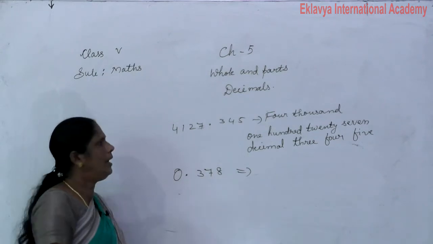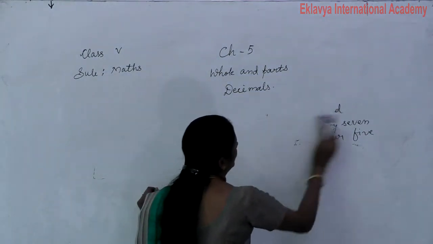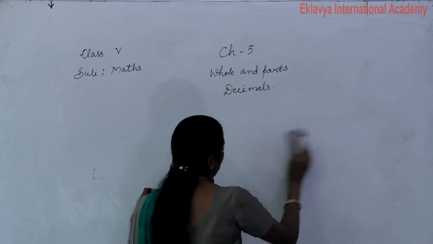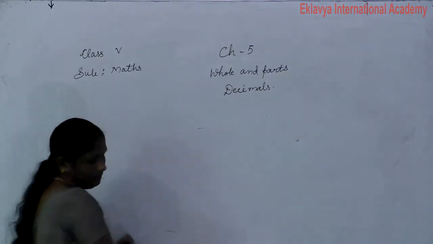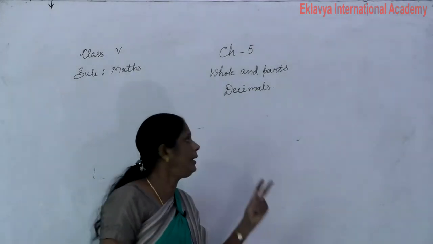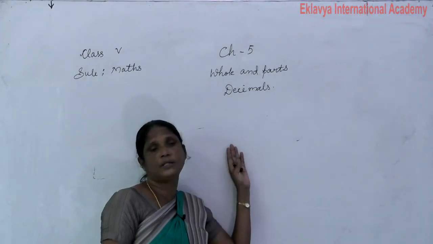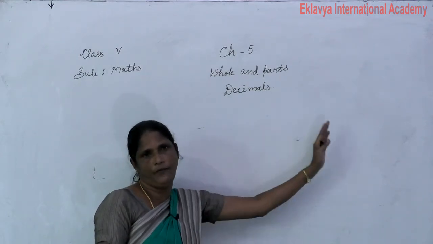Now, expanded form of decimal numbers. There are two methods in expanded form. First, fraction way. Second, decimal way.